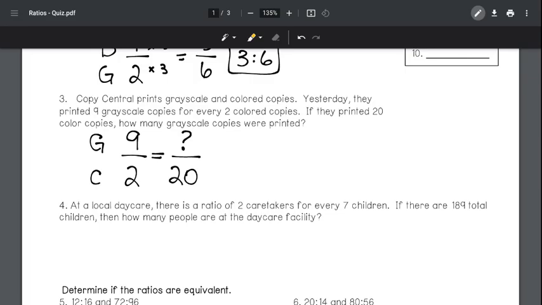Want them to be equal. So I need to figure out how do I go from here to there. I'm going to multiply by 10. So to go from 9 to find how many new gray copies I made, we also have to multiply by 10. So 9 times 10 equals 90. So there were 90 grayscale copies.